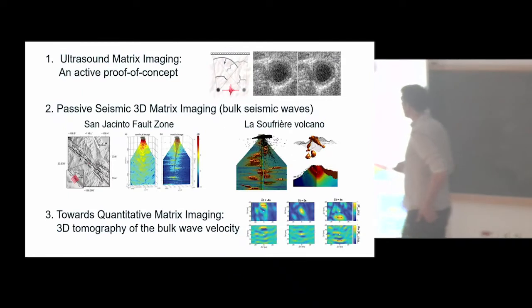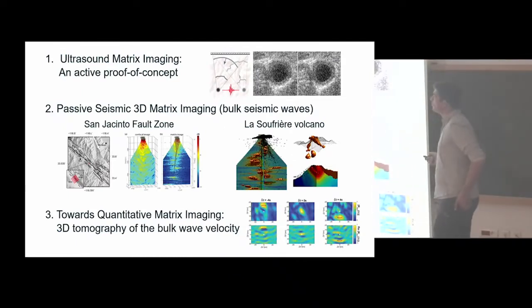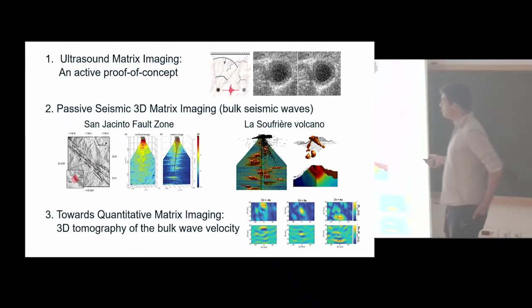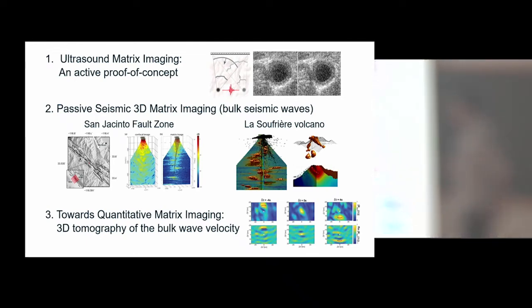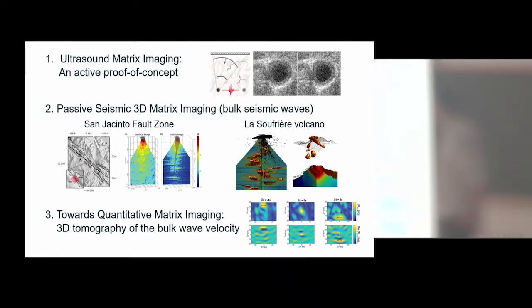So today, I will not talk about optics. I will introduce the reflection matrix approach with an ultrasound proof of concept applied to some clinical case. And then I will move towards seismic imaging by showing two examples in a complex area: a fault zone, the San Jacinto fault zone in California, and the La Soufrière volcano in Guadeloupe.